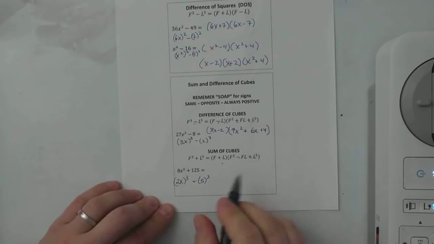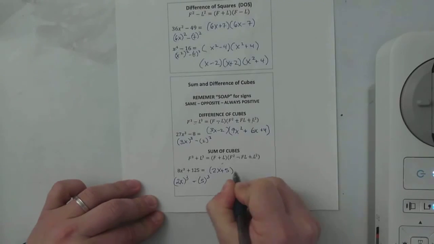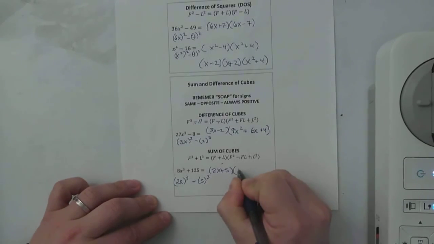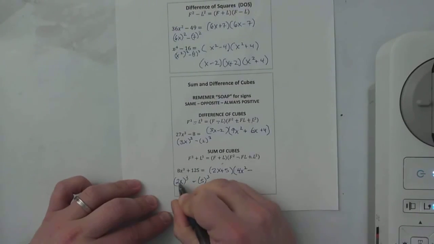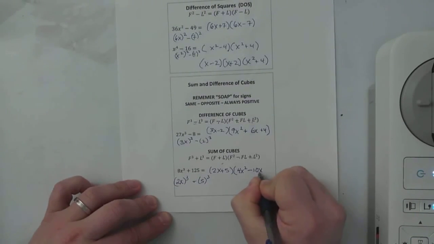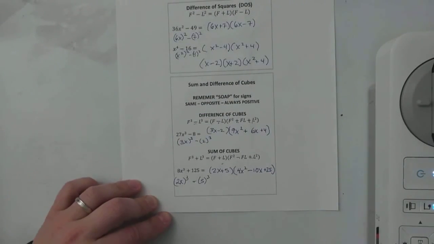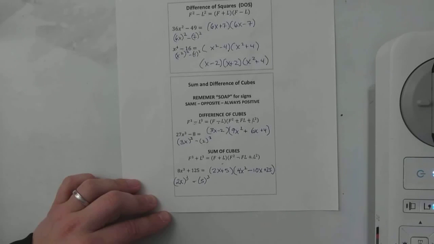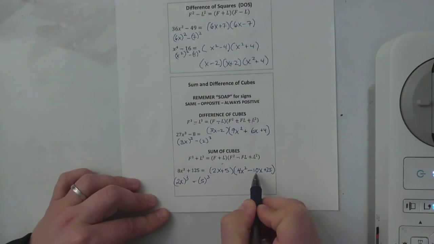And so my factored form would be 2x plus 5, same sign, square the first term, opposite sign, multiply, square with a plus. And so that's the factored form. 8x cubed plus 125 is equal to (2x plus 5) times the quantity (4x squared minus 10x plus 25). The resulting trinomial will never be factorable.